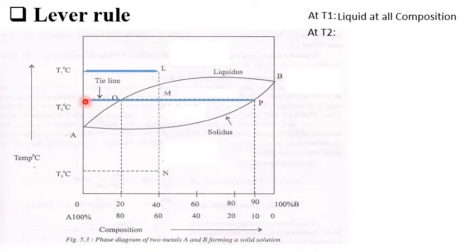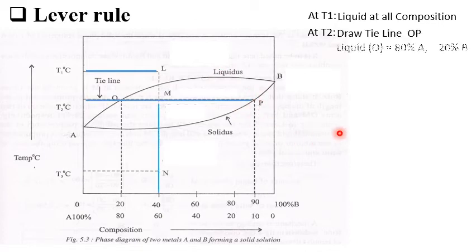We concentrate on the line between the intersection of the liquidus and solidus lines. We already know the liquidus line is the line above which the only phase present is liquid. The solidus line is the one below which the phase present is solid. Now we consider only the intersection points, O, which intersects the liquidus, and P, which intersects the solidus. That is what we call a tie line.